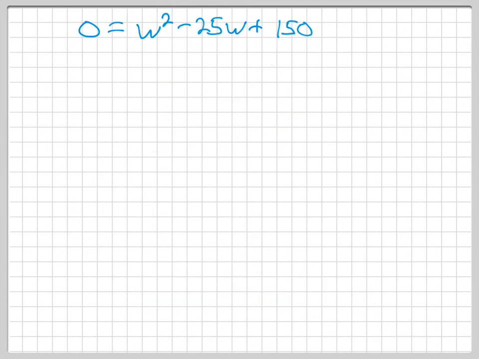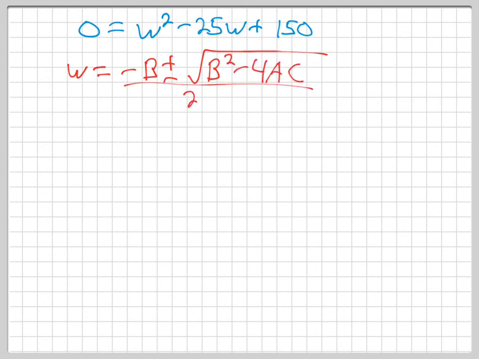Okay, so now how do we solve this? Let's use the quadratic formula on this one. W will be negative B plus or minus the square root of B squared minus 4AC all over 2A. You could factor it as well, but it's a little bit tricky to factor. So the A is 1, the B is minus 25, and the C is 150.